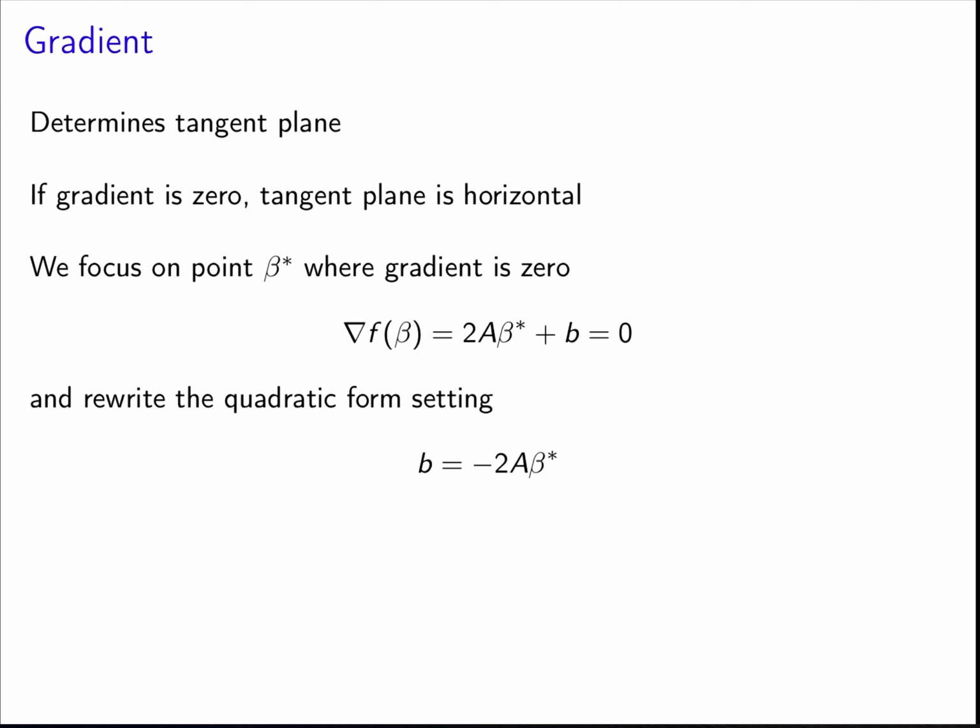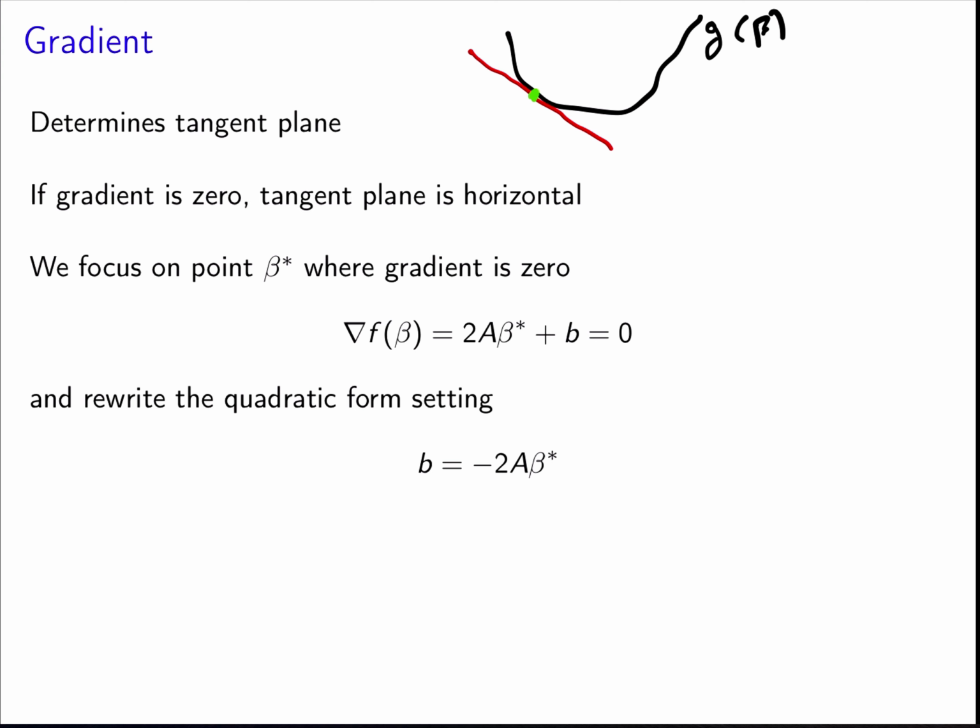So in 1D, if I have a function like this, g of beta, if you remember your calculus, the gradient at this green point determines the tangent plane to the function.